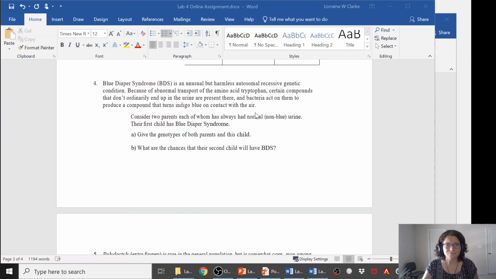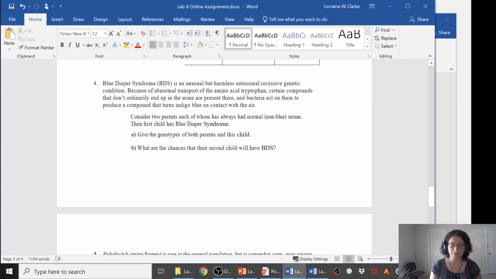So, two parents that have never had blue urine have a child with blue diaper. Okay. If the blue diaper syndrome is recessive, let's give it big B, little b, okay? Then you have to think about, if the parents don't express it, they must have at least one copy of the dominant each, okay?